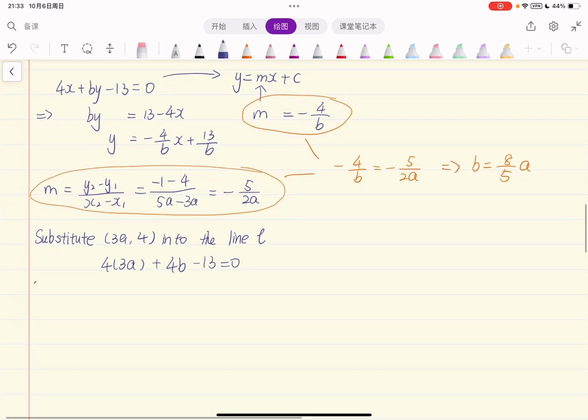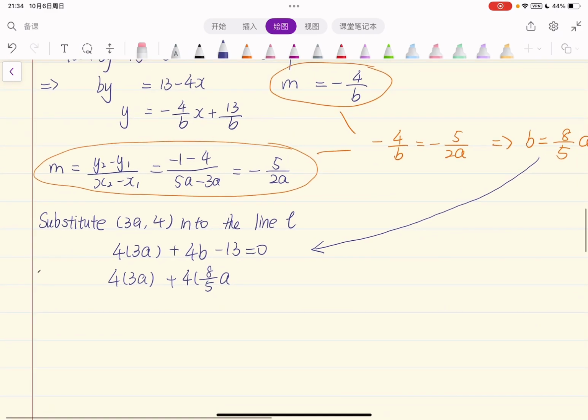Then we can substitute b equals 8 over 5a into this expression. We have 4 times 3a plus 4 times 8 over 5a minus 13 equals 0.